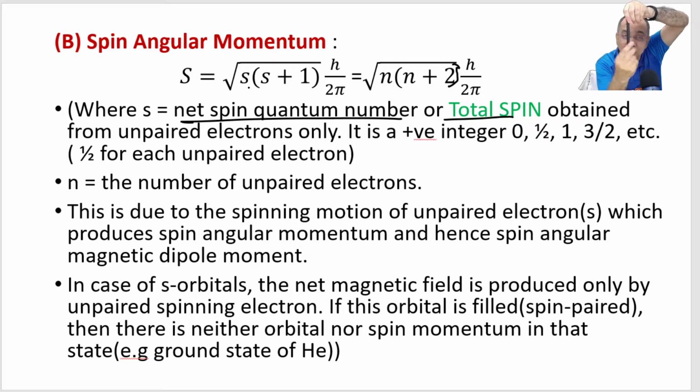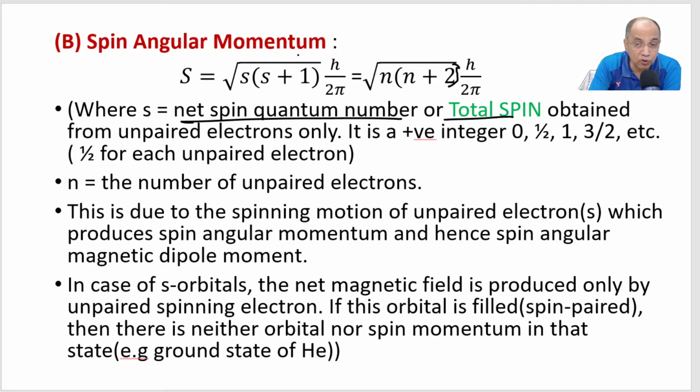If one is spinning clockwise, the other one is spinning anti-clockwise. So there is no net spin magnetic moment, right? So 0 means no spin effect, half for 1 unpaired electron, 1 for 2 unpaired electrons, 3 by 2 for 3 unpaired electrons, and so on. Half for each unpaired electron.